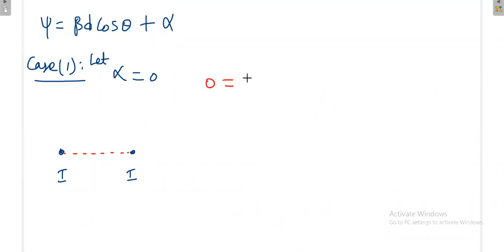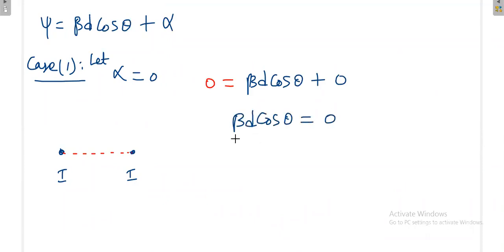Once psi is 0, you calculate the remaining thing, beta d cos theta plus alpha. What is alpha? Alpha is equal to 0. Then from this, beta d cos theta is equal to 0. Anyway, beta d is some realistic quantity that cannot be 0. So simply cos theta is equal to 0. That means cos theta is equal to 0 only when theta is equal to pi by 2.